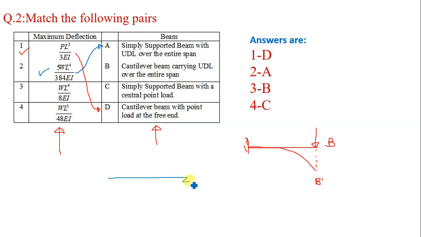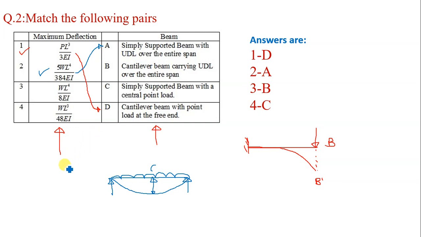When we consider a simply supported beam carrying uniformly distributed load over its entire span, so this is the UDL acting over the beam, the beam deflects with convexity downward, and the maximum deflection occurs at the center of the beam, and this value is equal to 5 WL raised to 4 upon 384 EI. This is the maximum deflection.